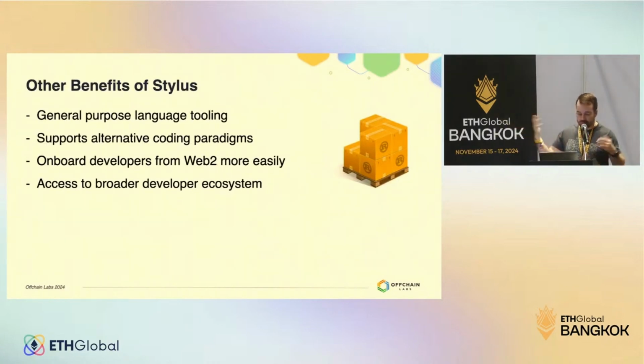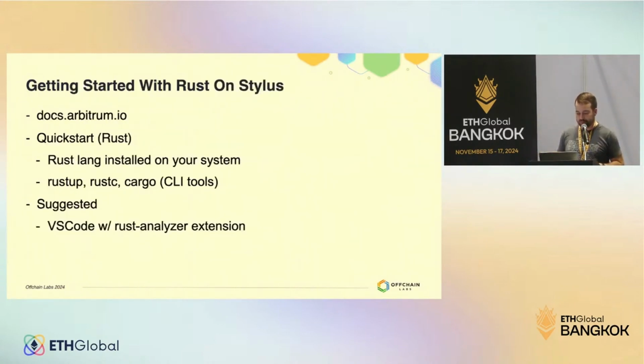It supports alternative coding paradigms and helps onboard developers from Web 2. We want to get access to the 20,000 Rust devs out there, and there are also hundreds of thousands of developers in other languages we'd like to onboard. These are the reasons we built Stylus on Arbitrum.